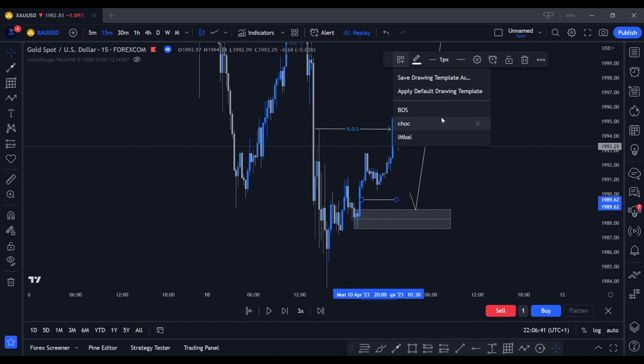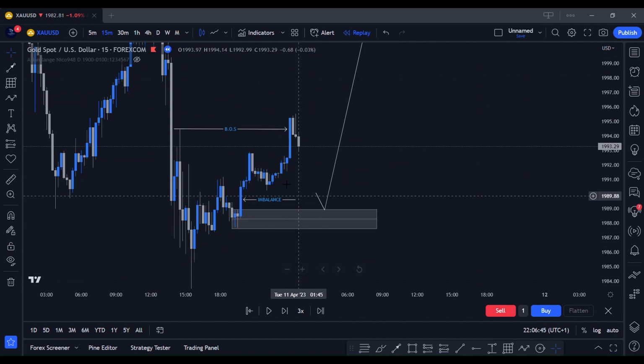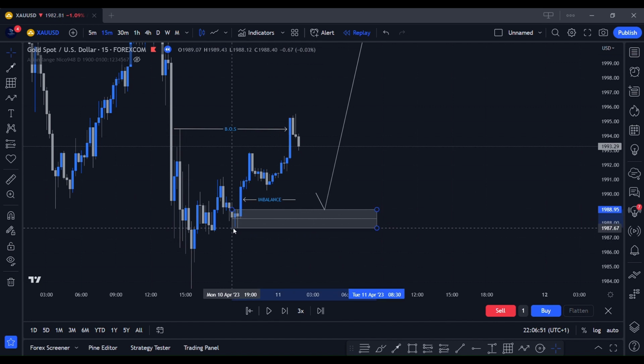So this is an imbalance on the 15 minutes. Therefore, because an imbalance is here, my next thing to do is find the order block that caused this imbalance, or the last order block that pushed price down before the full momentum of bullish breaking this high here, and price failing to push upwards.